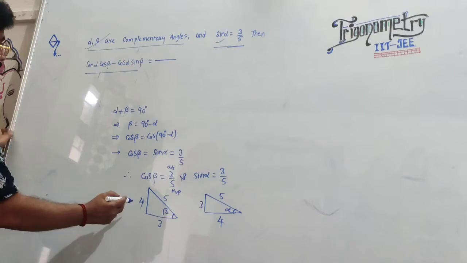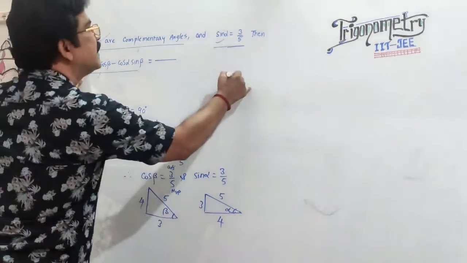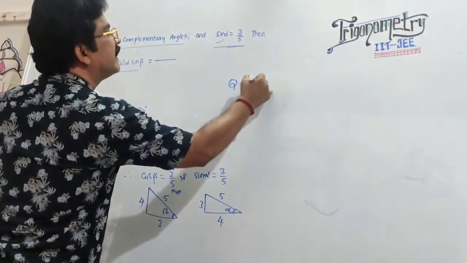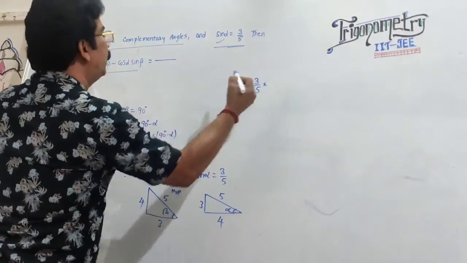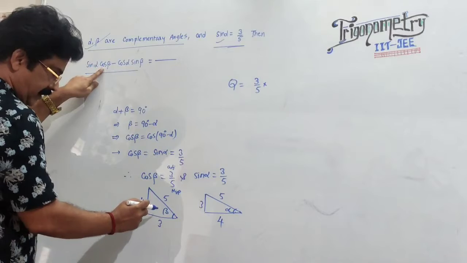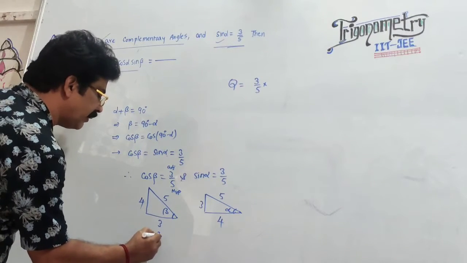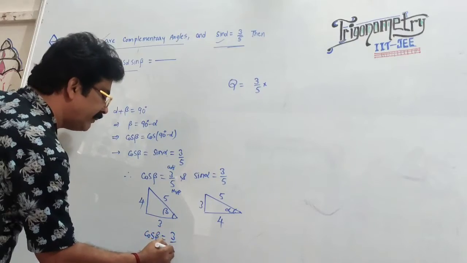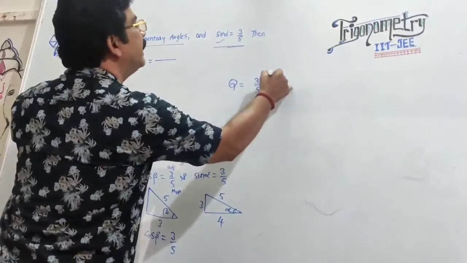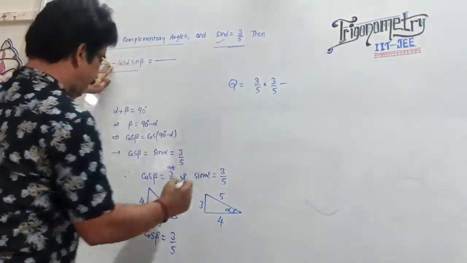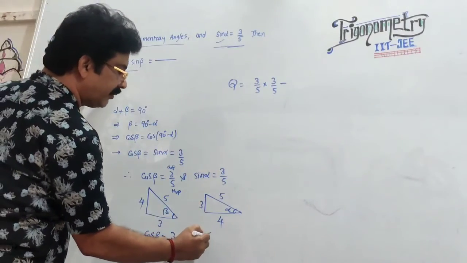So the question is equal to sin alpha. Sin alpha is 3 by 5, into cos beta. Go to the beta triangle. Here cos beta means adjacent divided by hypotenuse. So cos beta is also 3 by 5. Later, minus cos alpha. Here cos alpha is what?